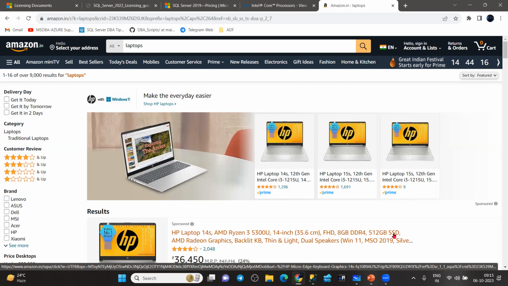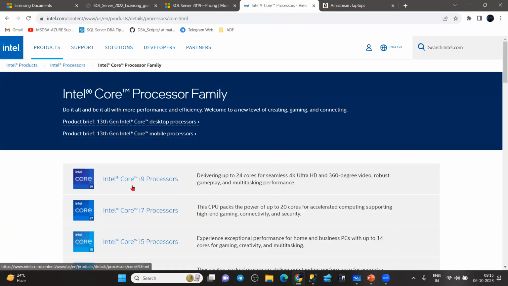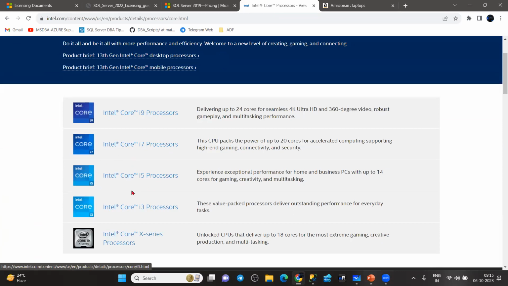The next thing is how many cores they are providing. That is very important. In Intel, again, we have n number of processors: Intel i9, i7, i5, i3, and Intel Core X series processors.